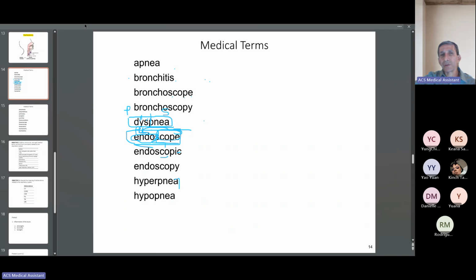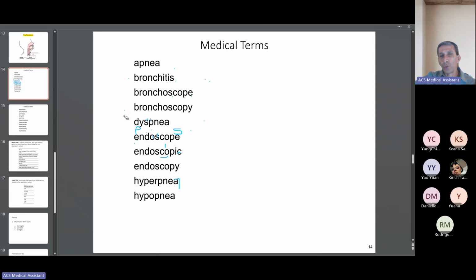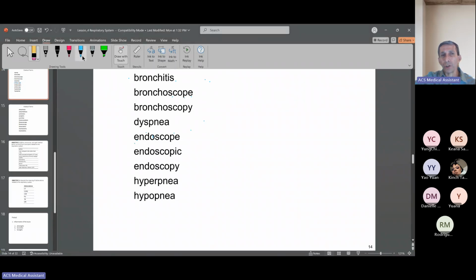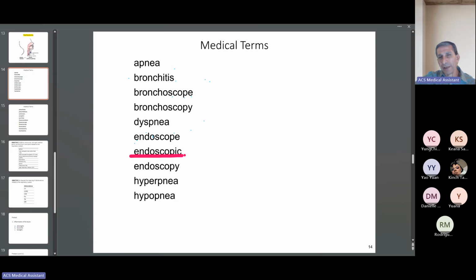Now, the next one. Remember, there are three things that you need to be aware of so that you're not going to make a mistake when you try to define these medical terms. Here we have endoscopic. Now IC is the suffix. Scope is the word root.